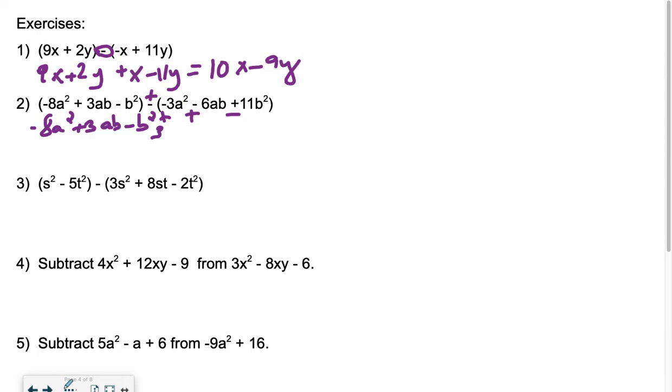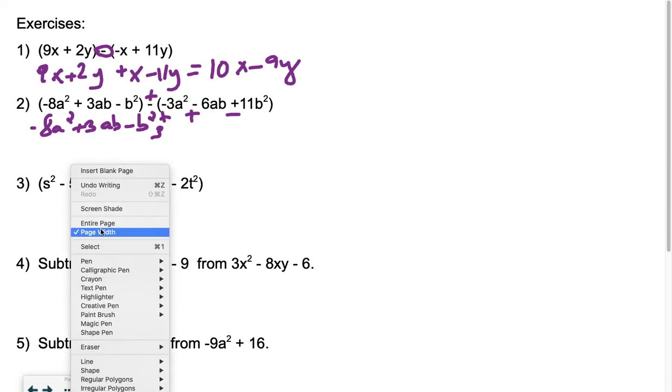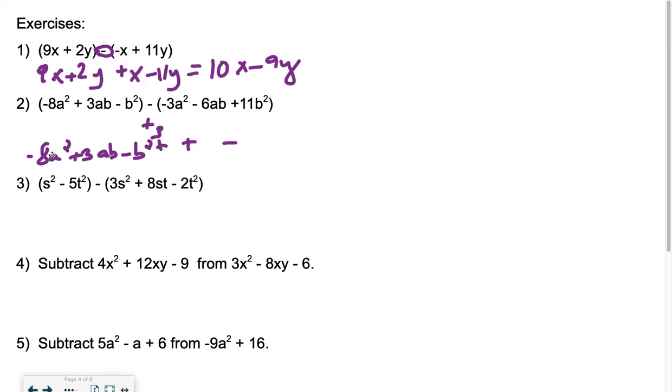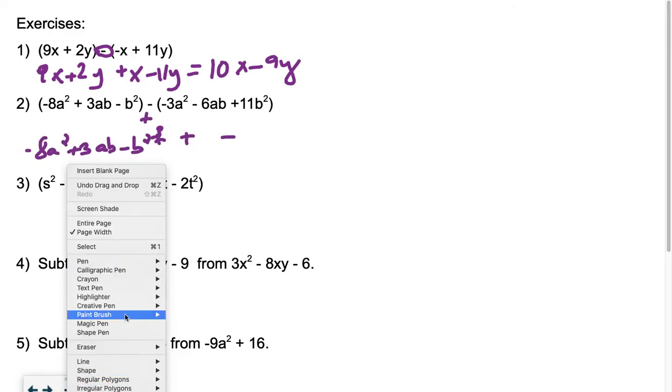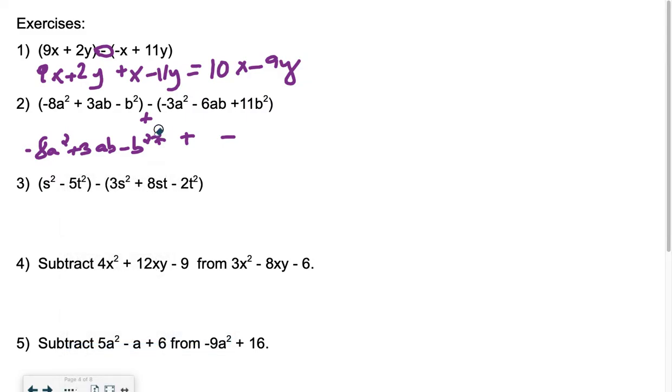Let me move this. So, and I'll be mindful of doing this. So I'm going to bring that down. Let me erase this. Just so that it's not too confusing. So this will become plus, plus, minus.